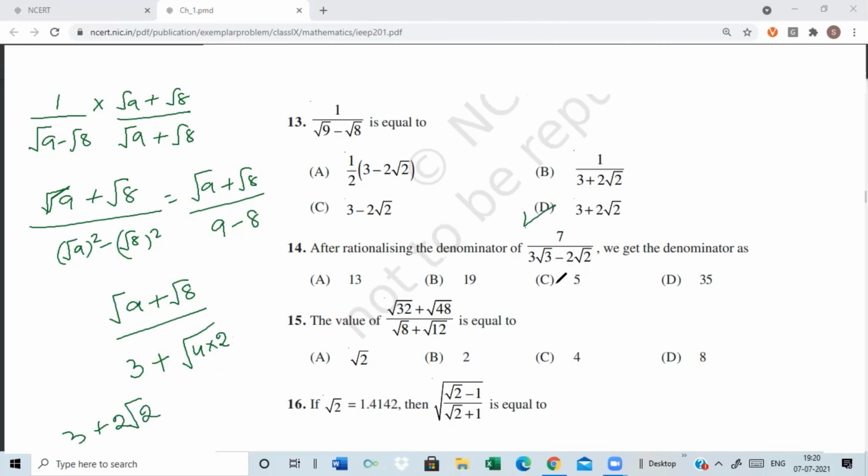Now question number 14 says, after rationalizing the denominator of this given expression, we get the denominator as. So we have to just rationalize the denominator, which is 3 root 3 minus 2 root 2. For rationalizing, we just multiply by its conjugate.